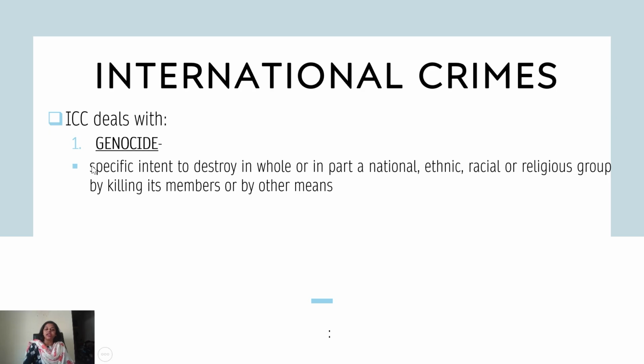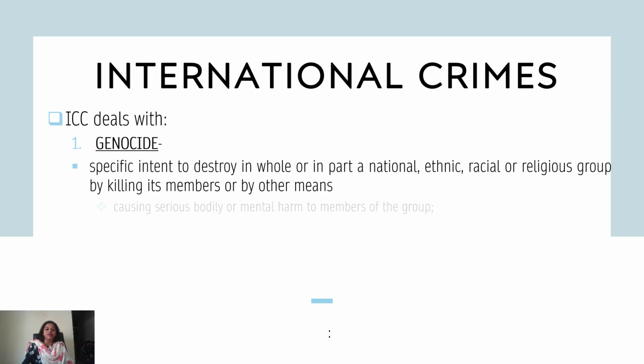So, a specific intent is important, and the specific intent to commit genocide should be there to constitute the act of genocide. And the specific intent is to do what? Is to destroy in whole or in part a national, ethnic, racial, or religious group by killing its members or by any other means.